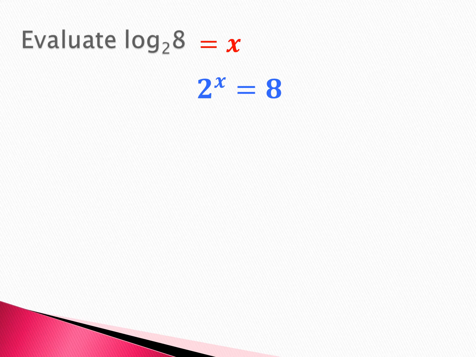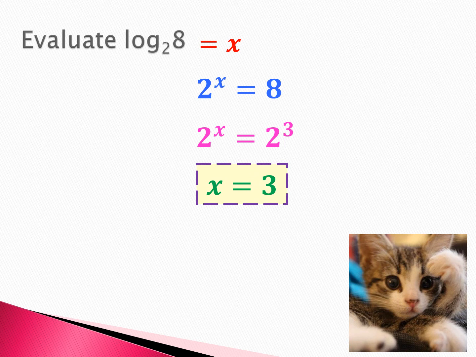What is the common base between 2 and 8? The common base is 2, because 8 is 2 to the 3rd. Now that base equals base, exponent has to equal exponent. So x equals 3. Let's do another one.